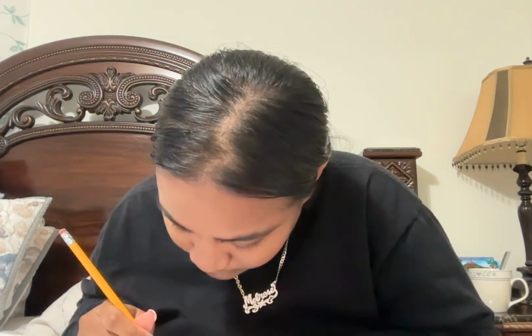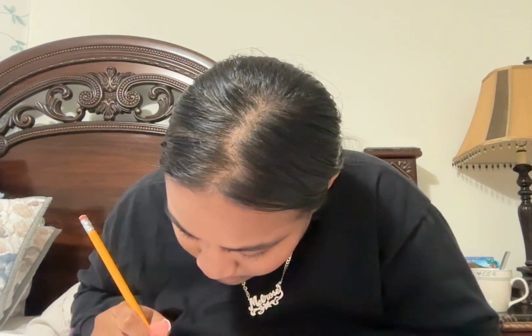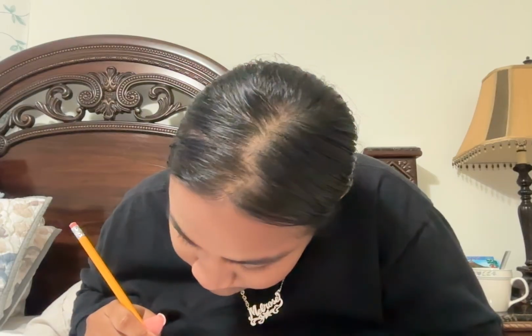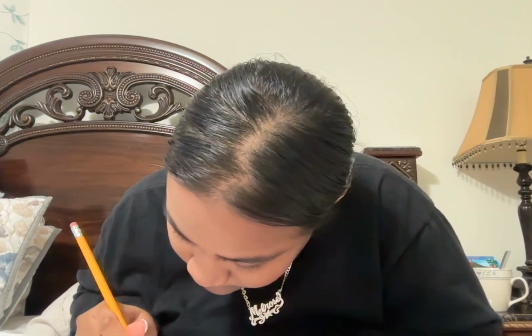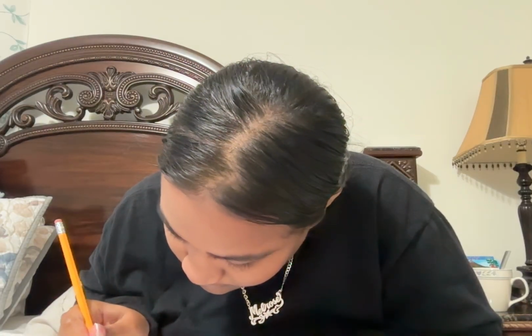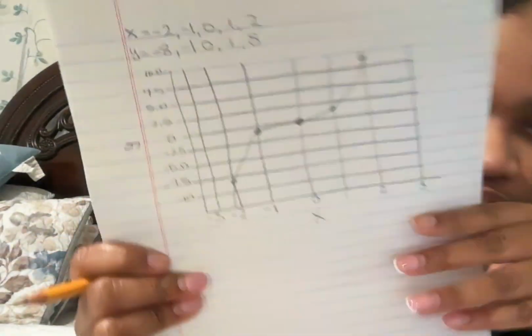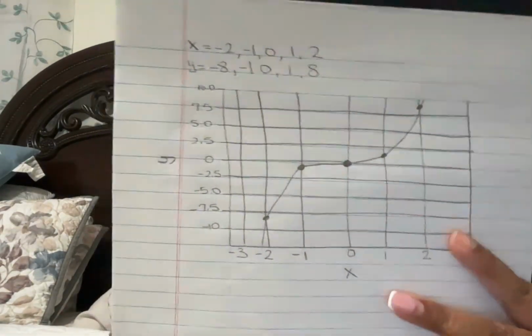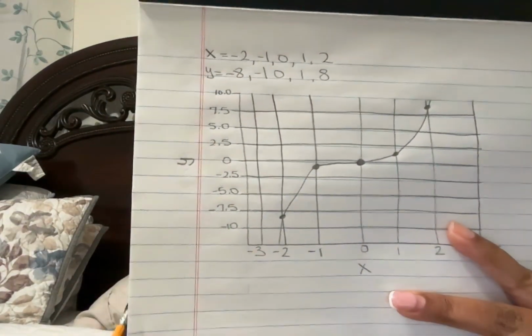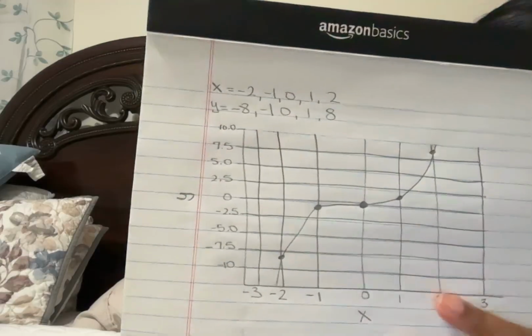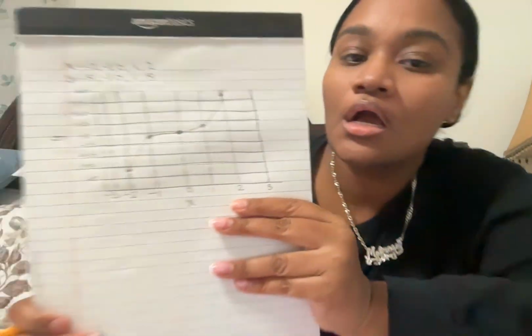So we're going to start here. Okay, so as you can see here, this is the shape that I got after I plotted the points from my x and y table.